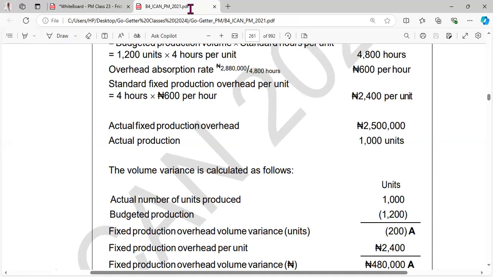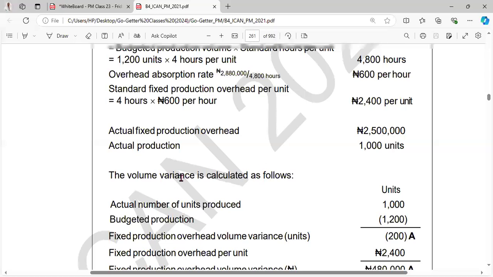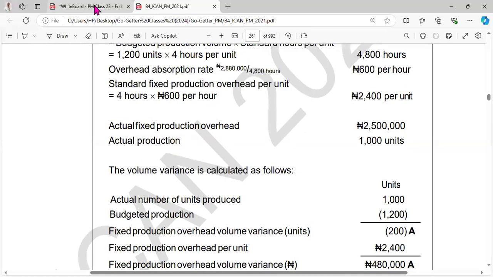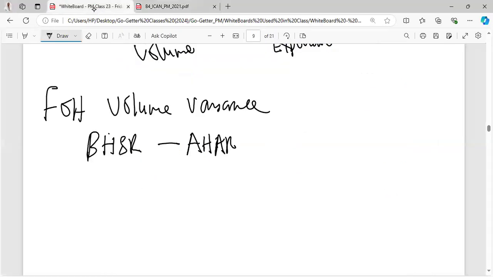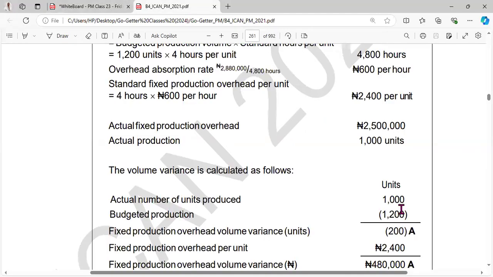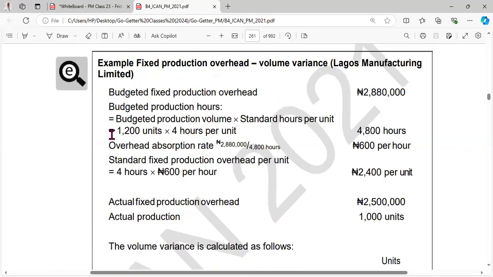Okay, so what do we have here? Budgeted number of units, budgeted hours. We said it is supposed to be 4 hours per unit, and we budgeted to make 1,200 units.